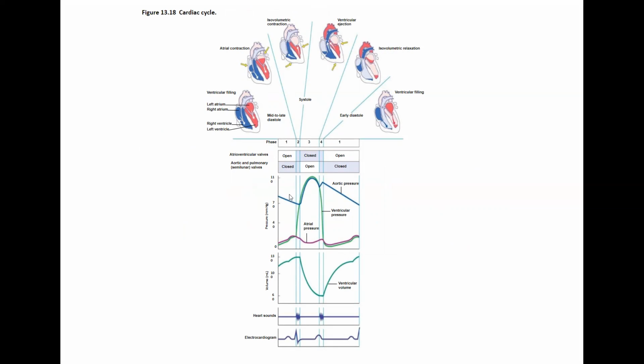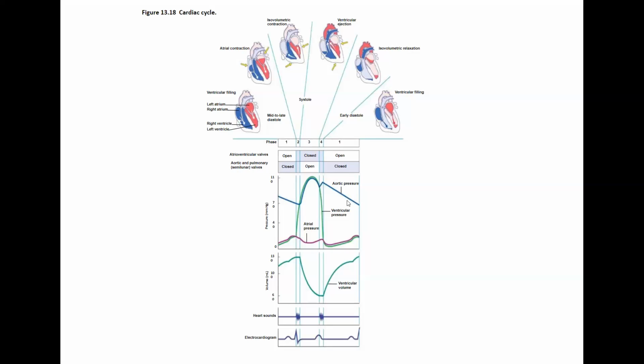We looked here at the pressure differences, which tell us something about why the blood is moving in a particular direction, because it wants to flow from high to low, so long as the valves will allow it. We looked at how this is related to the valves, both the AV valves between the atria and the ventricles, and the aortic and pulmonary valves, which are between our arteries and our ventricles.